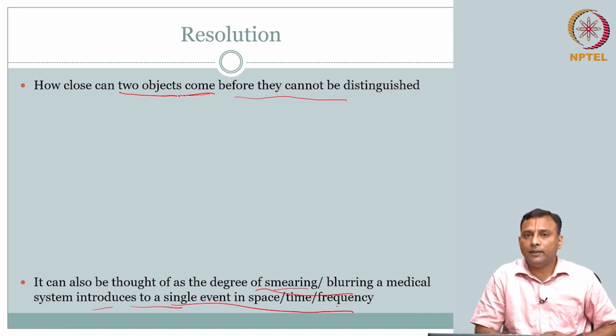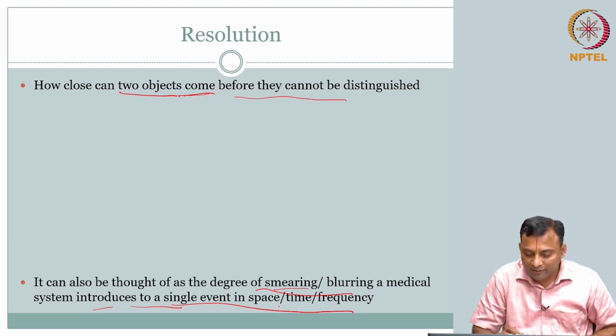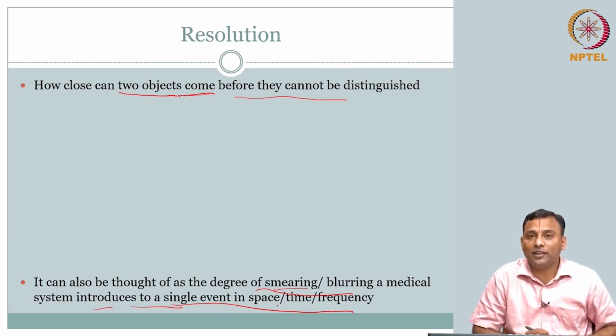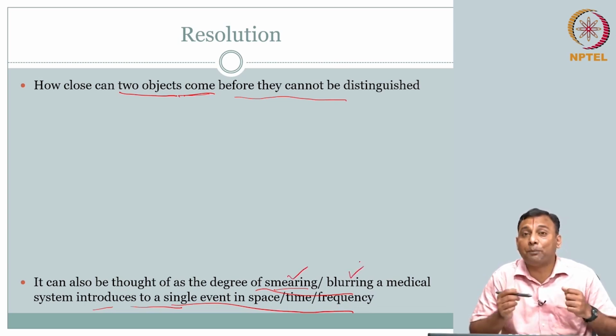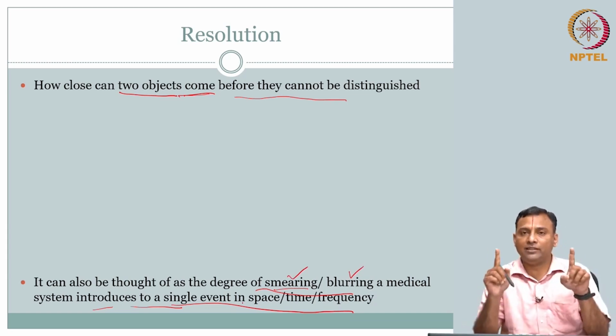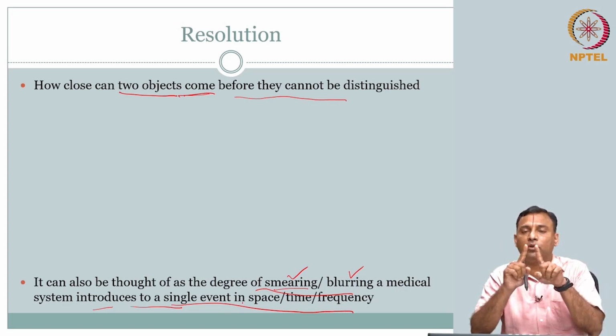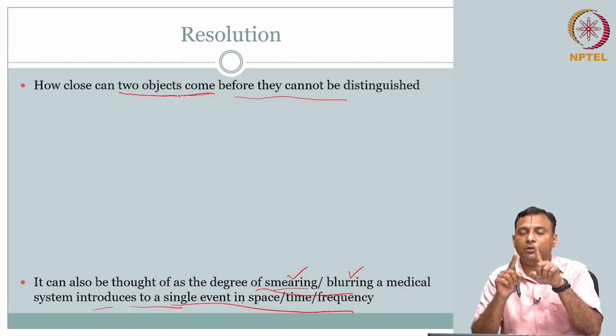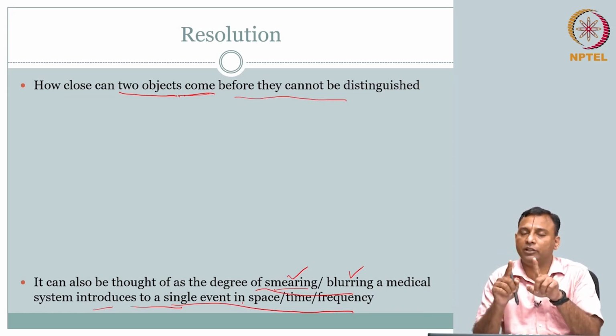Why is that important? When we talked about it, here it is smear, it is blur, but we also talked about spread, remember. If you have two events come close together, the system has to be able to say that this is a different object and that is a different object.